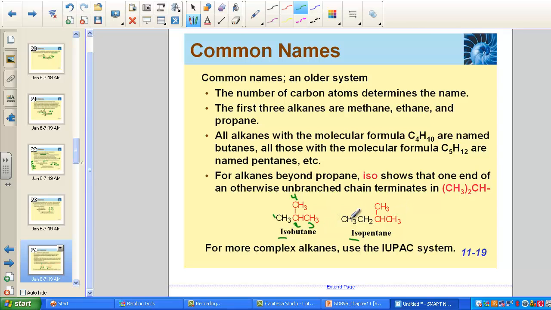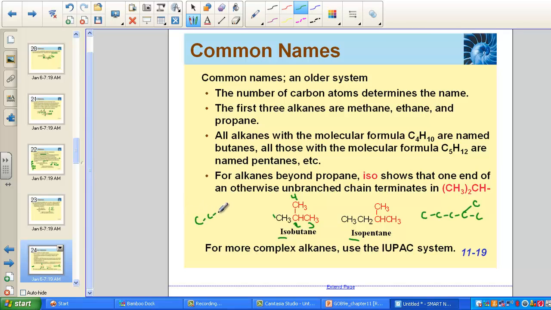Notice here there's 5 carbons, 1, 2, 3, 4, 5, including the branch, isopentane. So that term iso is letting us know that that terminal carbon is coming off as a branch. Isohexane, 1, 2, 3, 4, 5, and then here would be the 6th carbon. Iso, giving us this kind of a V shape here at the end.